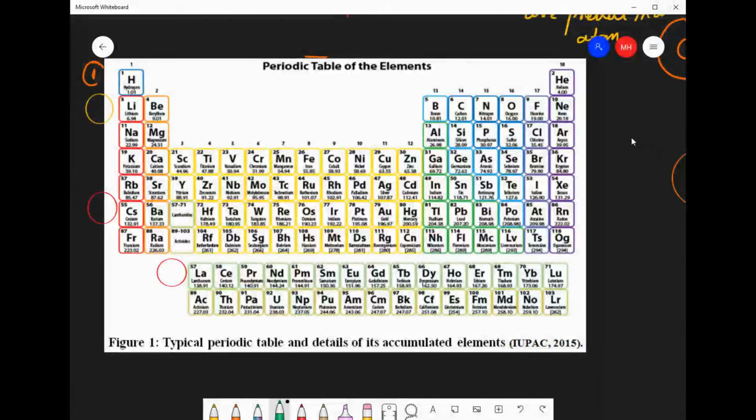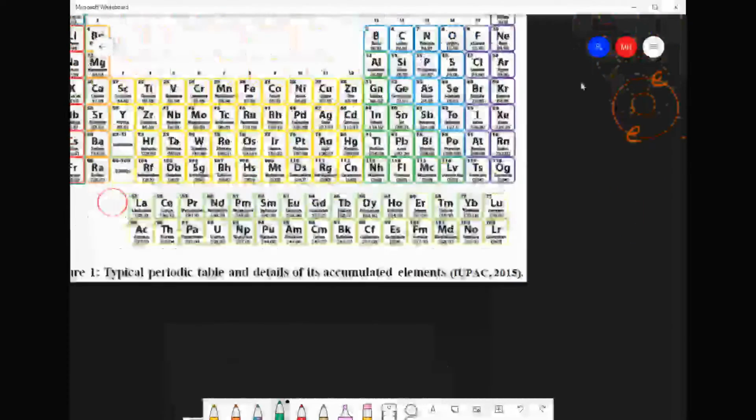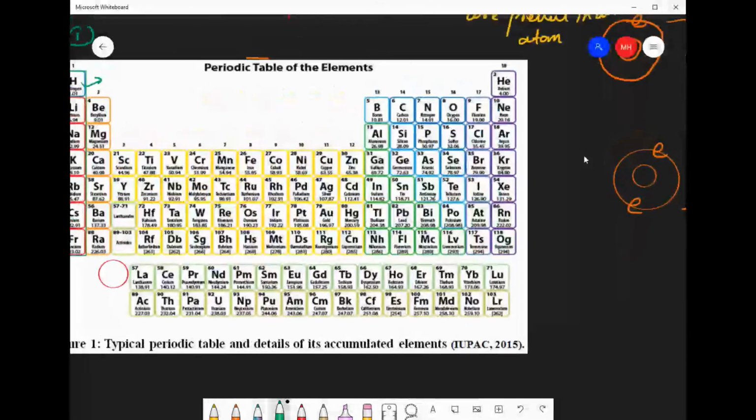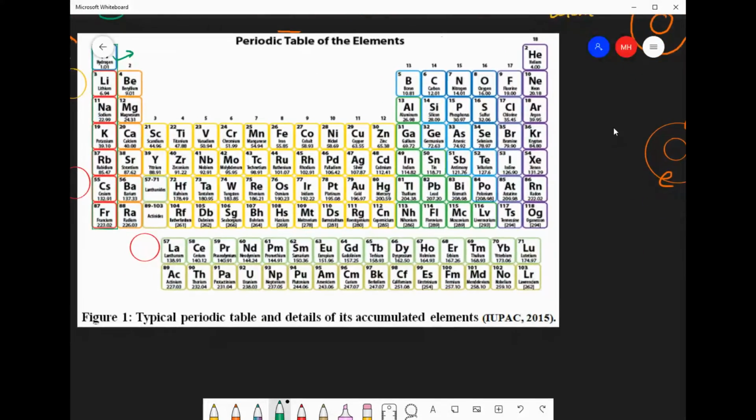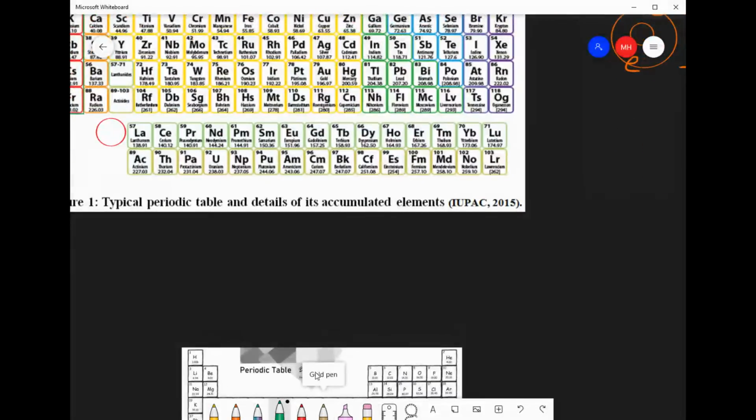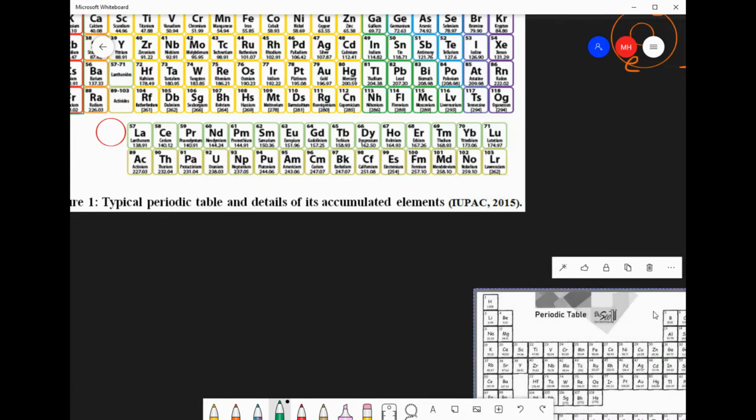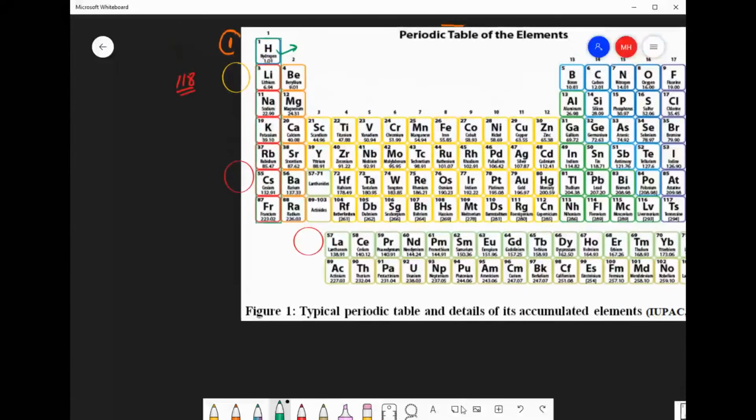So let's suppose I say hydrogen again. This is group number one, correct? Hydrogen belongs to group number one, and if I draw the structure of hydrogen, which I've already drawn here, but let me draw it again for your ease. Hydrogen has just one electron, so there will be just one shell.